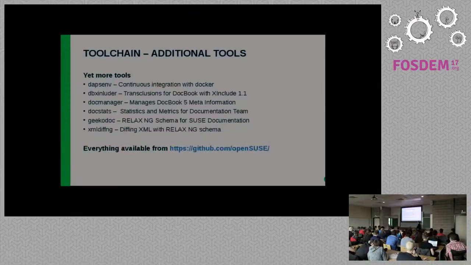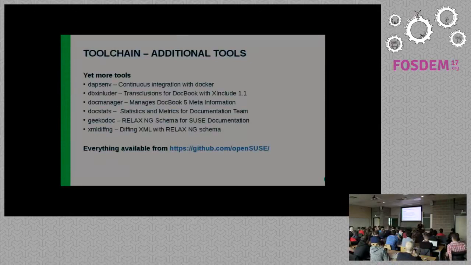And also XML diff ng. Ng is next generation. There was already an XML diff out there. If you compare XML files the classical way as you do with Git, for example, even though we try to have very strict, did I mention Dbx auto format earlier?